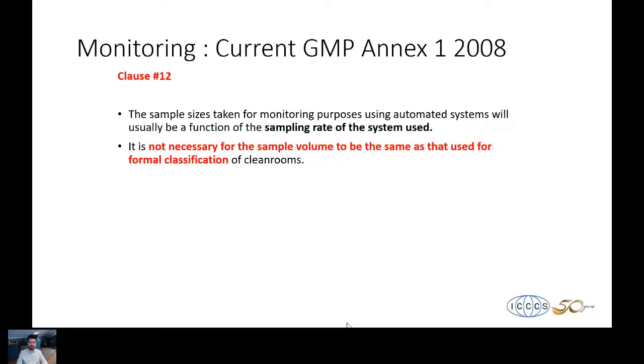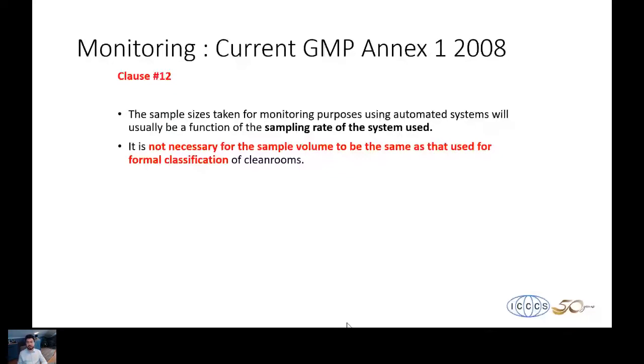Clause 13. The sample sizes taken for monitoring purposes using automated systems will usually be a function of the sampling rate of the system used. It is not necessary for the sample volume to be the same as that used for formal classification of clean rooms. That's quite critical, because the table in the Annex 1 2008 version is given as a cubic meter of data.